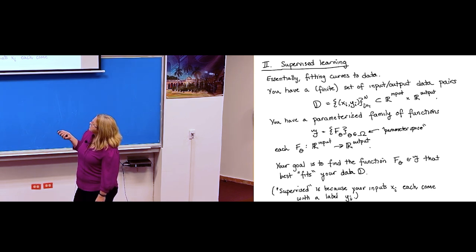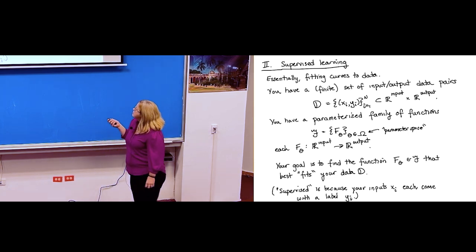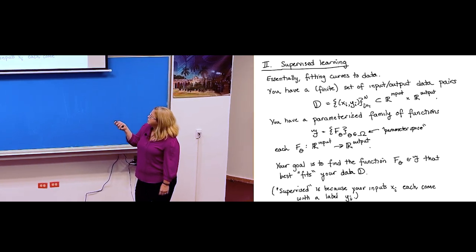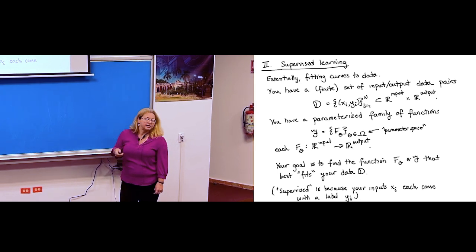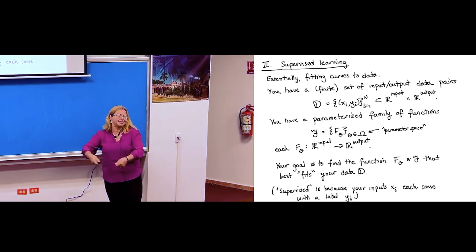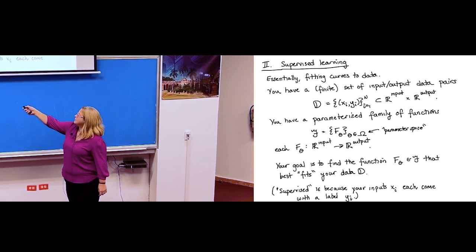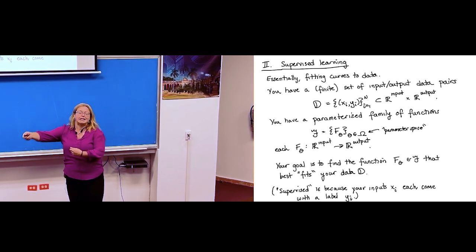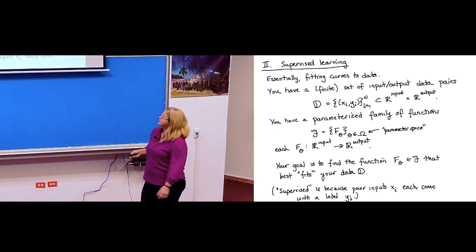So this is the supervised learning regime, because each of your inputs x comes with a label yi. So it's like you're teaching your algorithm what the correct outputs are, and so you're giving it a labeled set of data for what the correct answers are.